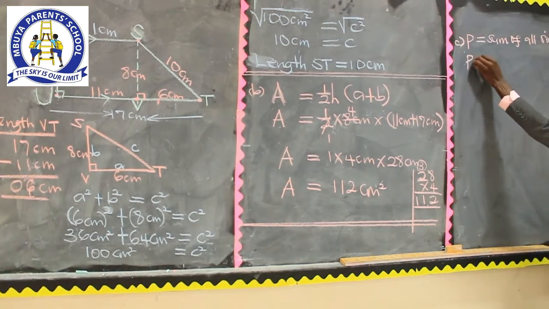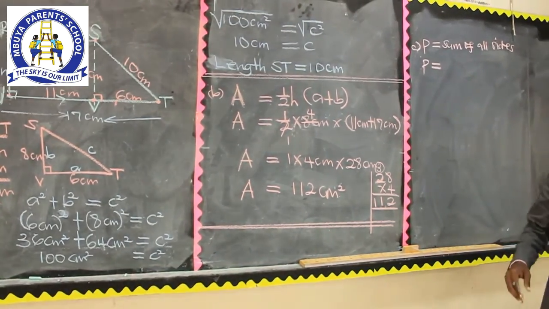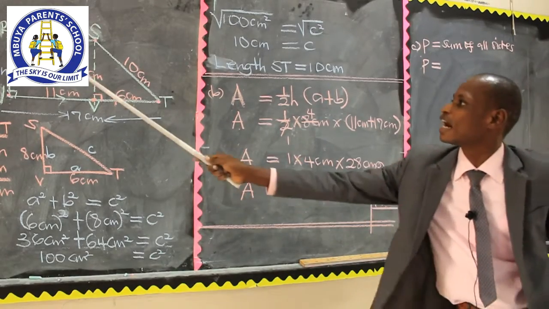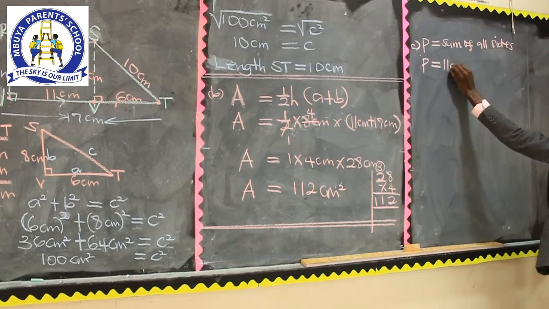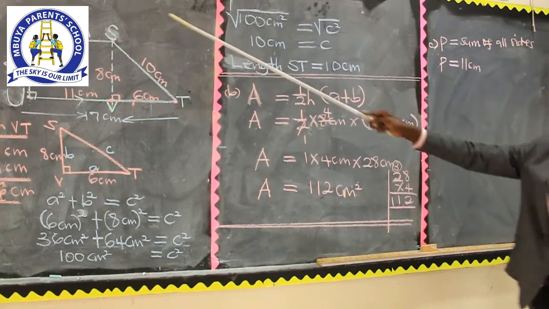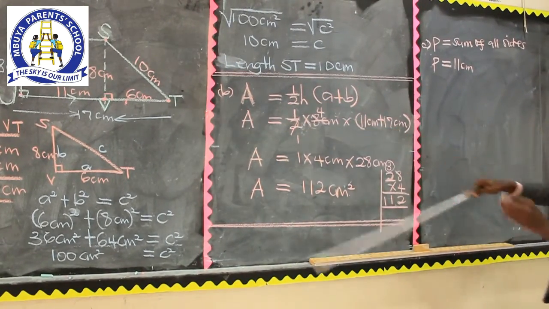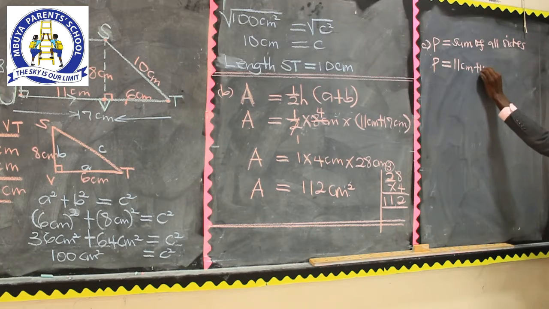So we are having the top part of it, the RS, which is 11 centimeters. We have the ST, which is 10 centimeters.